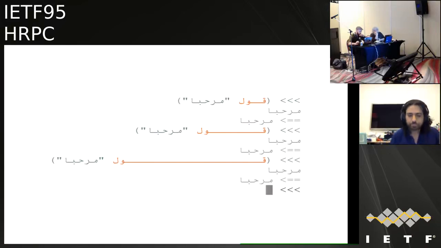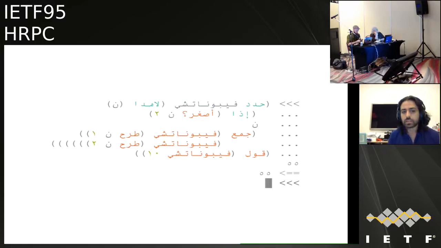If you'll advance to the next slide, it's important to stress that this is not an exercise in speculative design or design fiction. It is a real functioning programming language. It's Turing complete. And this is an implementation of the Fibonacci algorithm.